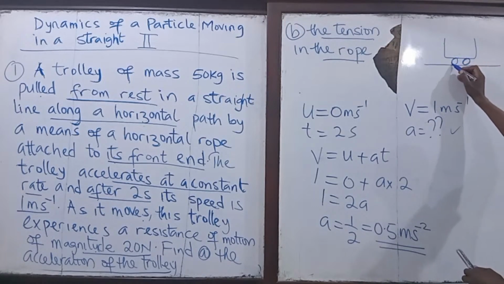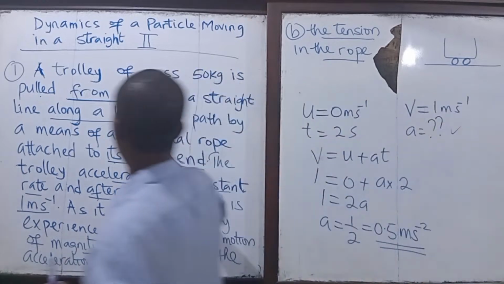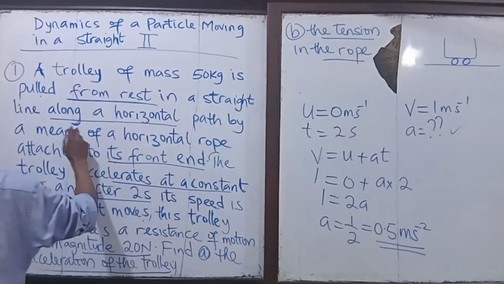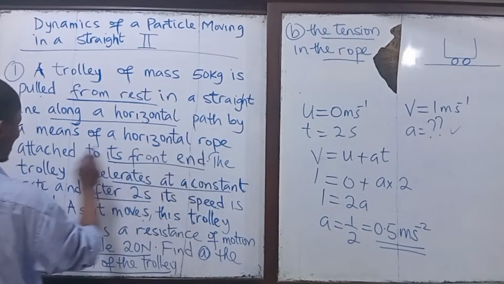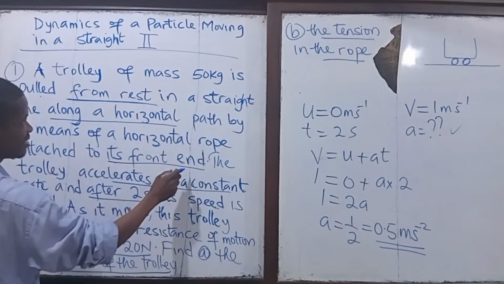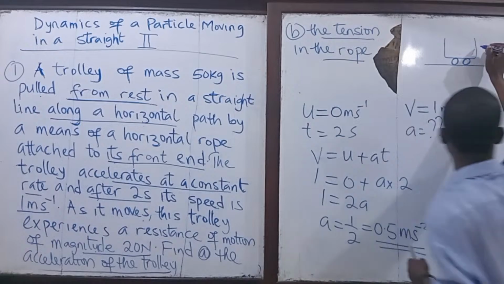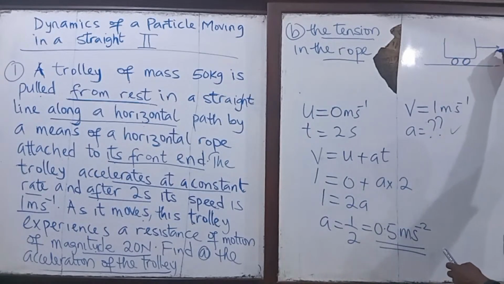Then we are told that the trolley is pulled from rest in a straight line along a straight path by means of a horizontal rope attached to its front end. There's a rope here attached to the front end, and then the tension in the rope is this.